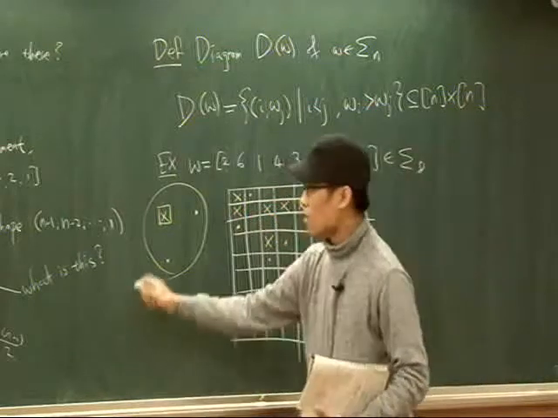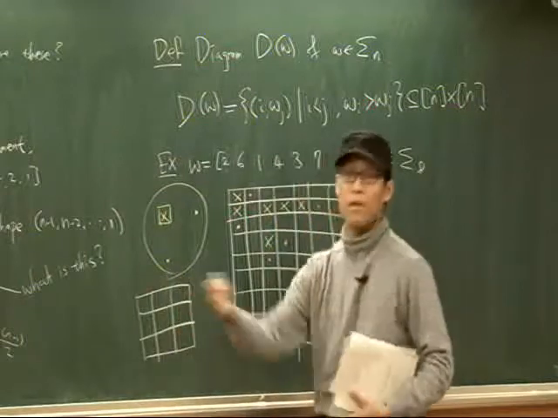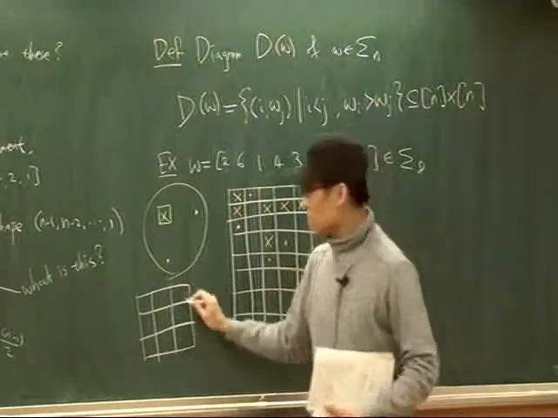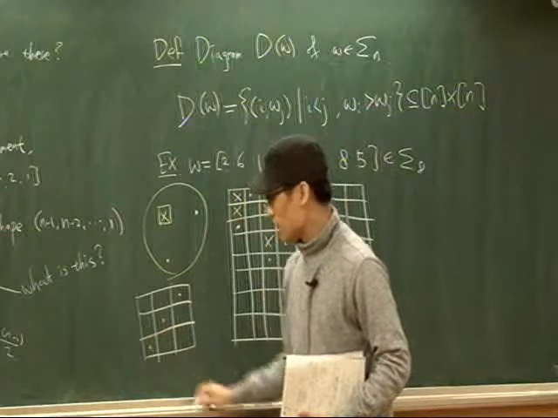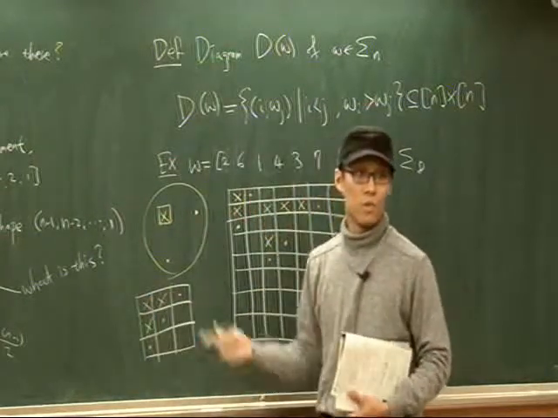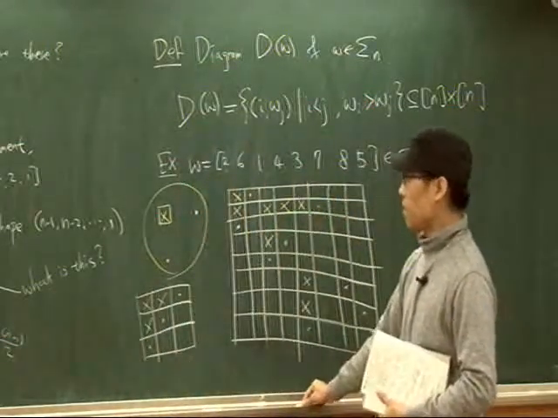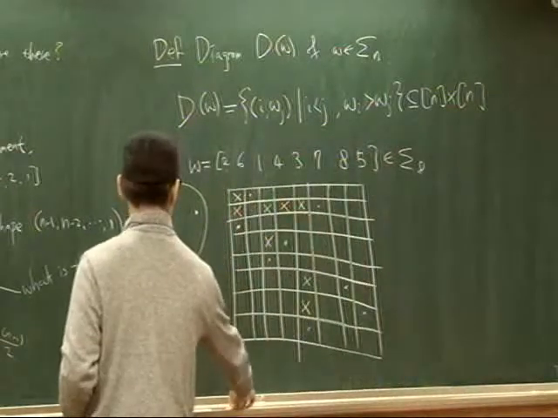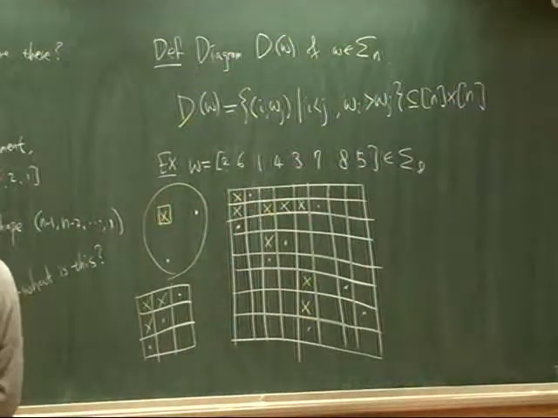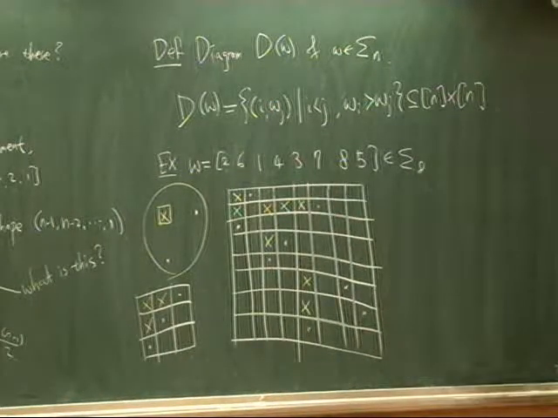For instance, when n equals 3 and w is the longest element, we have 3, 2, 1, and the diagram is going to be this shape.